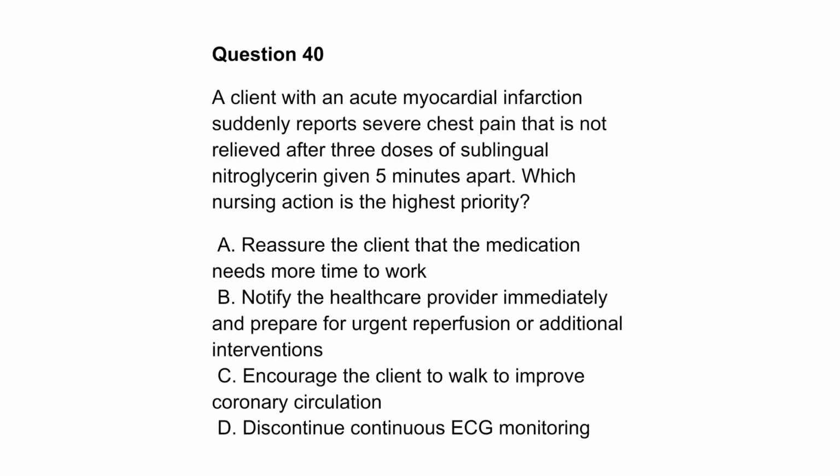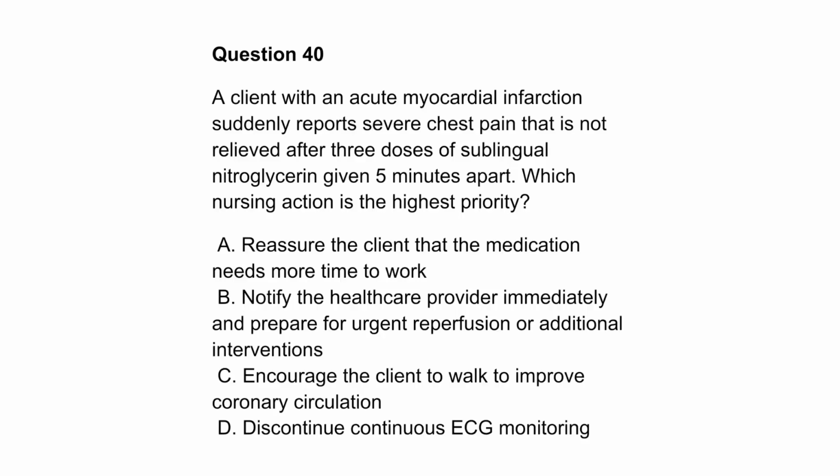Question 40. A client with an acute myocardial infarction suddenly reports severe chest pain that is not relieved after 3 doses of sublingual nitroglycerin given 5 minutes apart. Which nursing action is the highest priority? A. Reassure the client that the medication needs more time to work. B. Notify the healthcare provider immediately and prepare for urgent reperfusion or additional interventions.